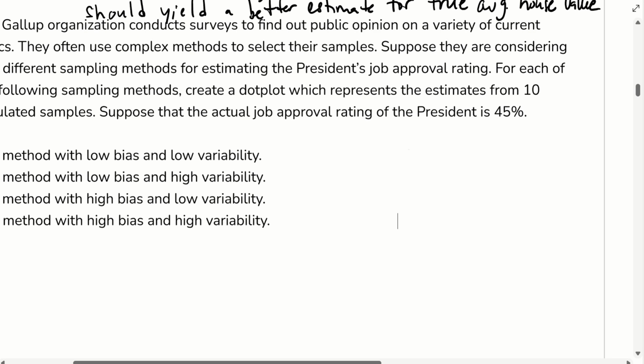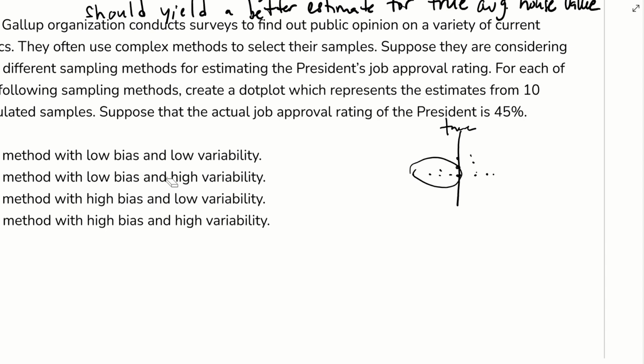All right, so let's say this is the target value, the true value. Low bias and high variability would be when you're over and underestimating, or you could be on target at times. Let's just say this is a dot plot. Here you have over and under estimates, and that's going to be low bias because it's not bias in one way or another. Bias means one-sided.